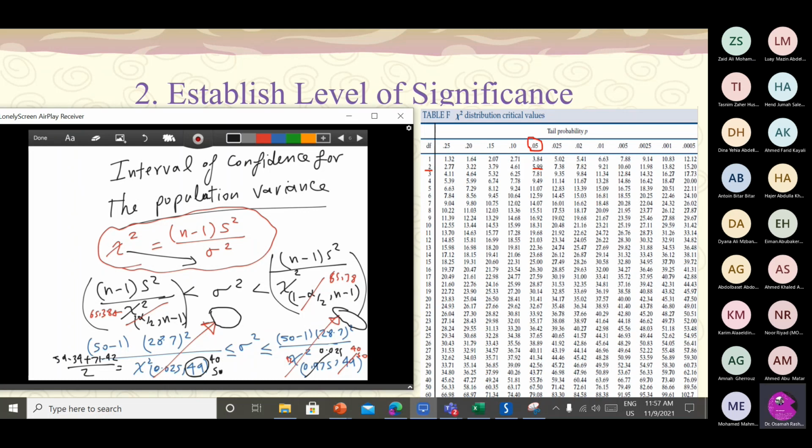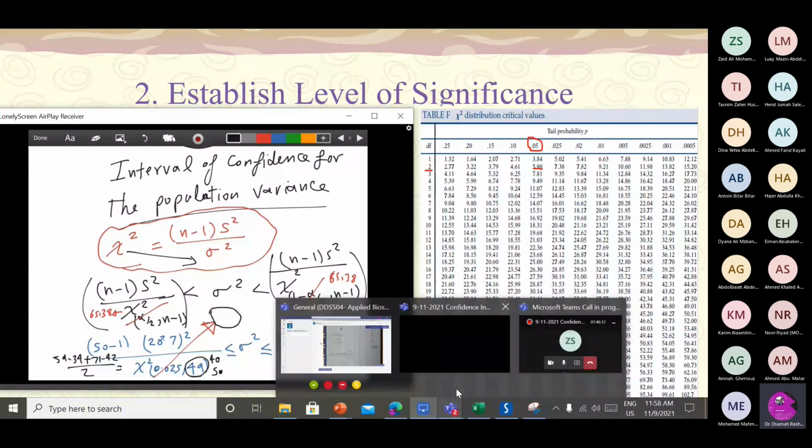No, this is a mistake here. What is the mistake? 1 minus alpha over 2. So what is the difference between this one and that one? 1 minus this one. Can you subtract 1 minus alpha over 2? Okay, I will let you go if you have a lecture, and I also have a lecture.